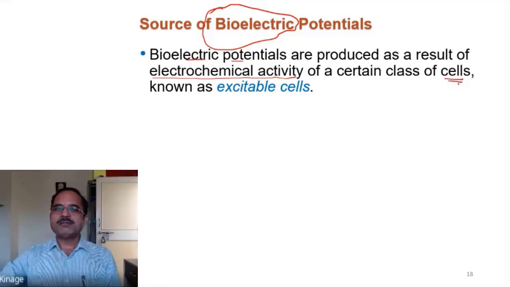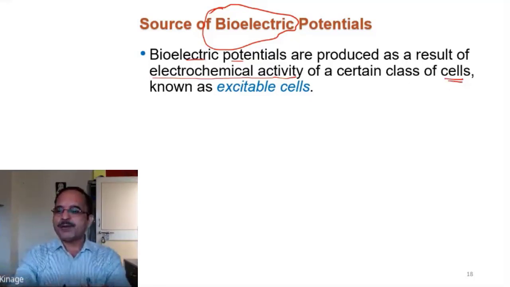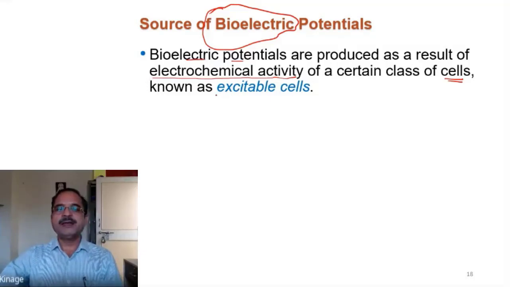Our cells are made up of a particular chemical composition, and because of some change in the chemistry inside the cells when they are excited, it gives rise to some electrical signal.